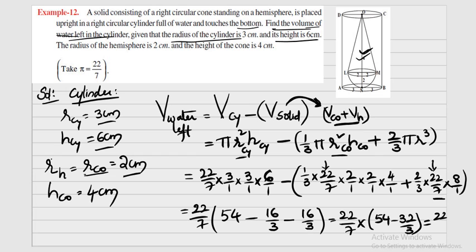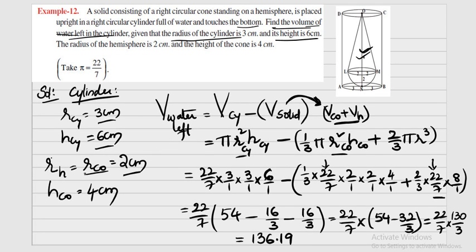So this gives me 22/7 into 130/3. On simplification, when I multiply 22 into 130, I am going to get 2860 divided by 21.